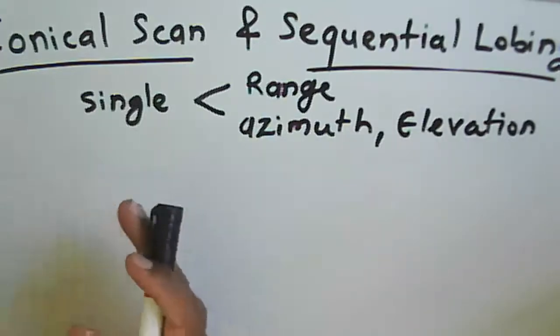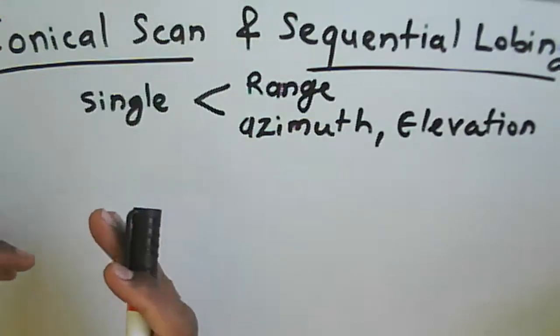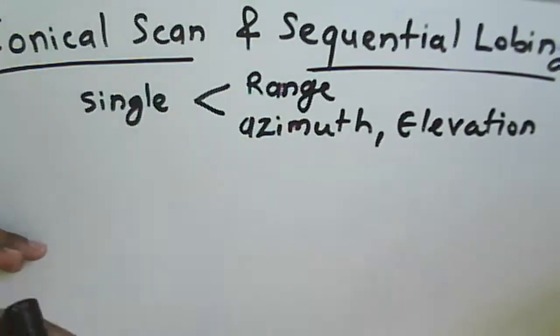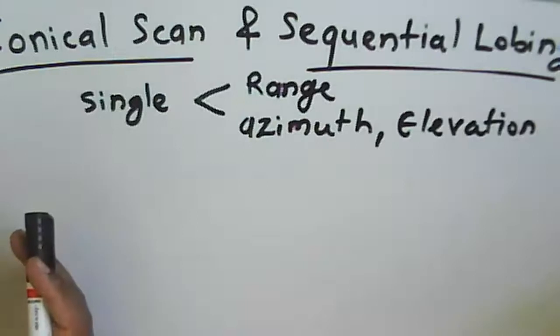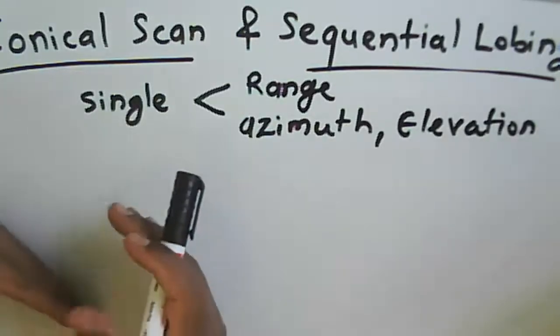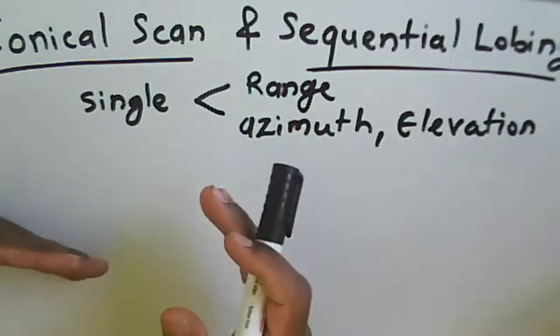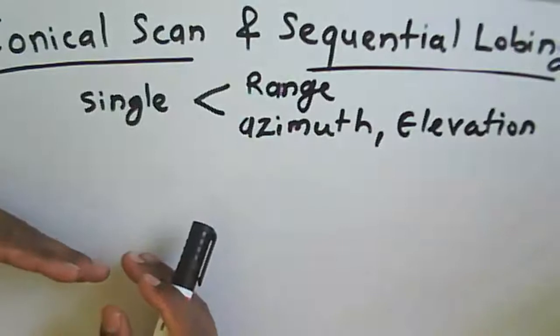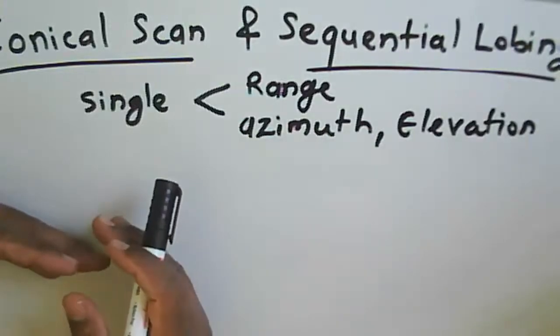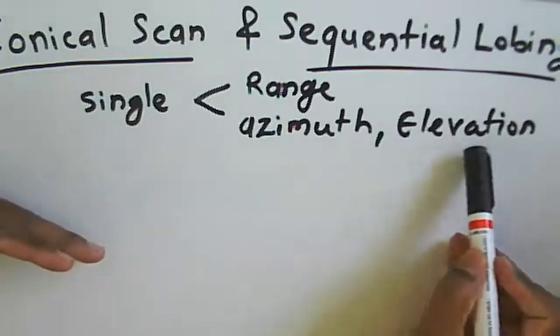So we are sending the pulse to the target on a time sharing basis, a beam formed on a time sharing basis, and that is used to measure the range as well as the angle, that is the azimuth and elevation.